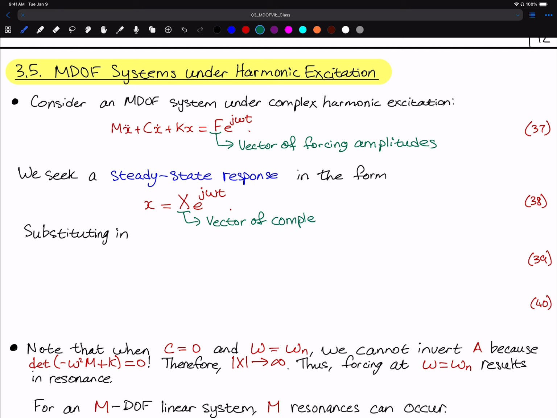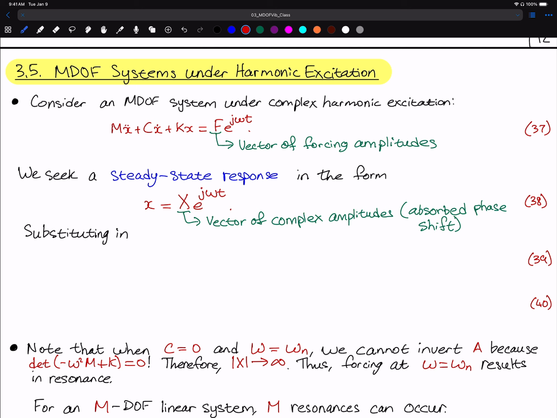And what this means is that we've absorbed the phase shift into it. So the phase shift is captured in that complex vector of amplitudes.